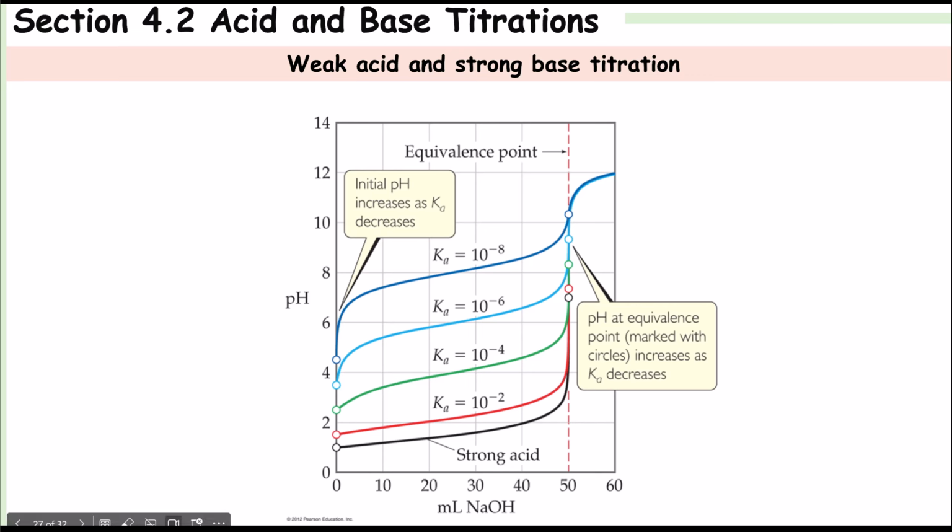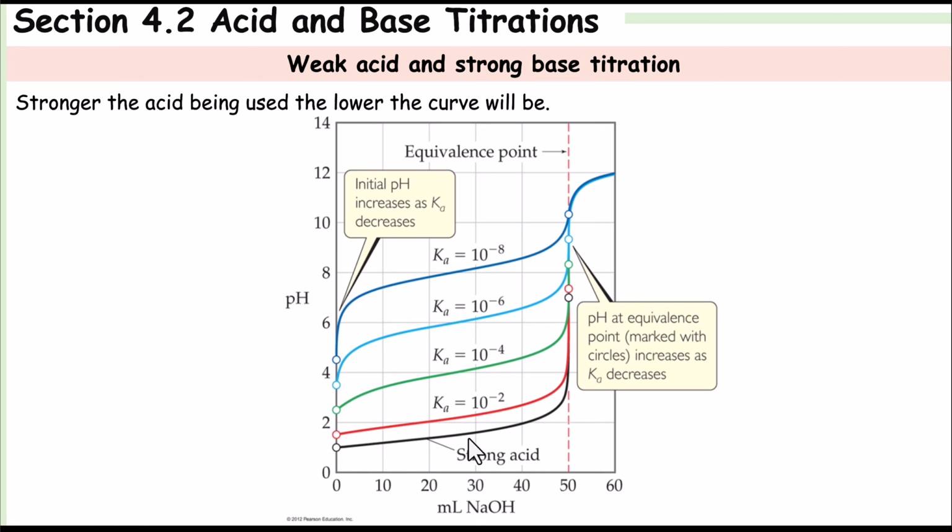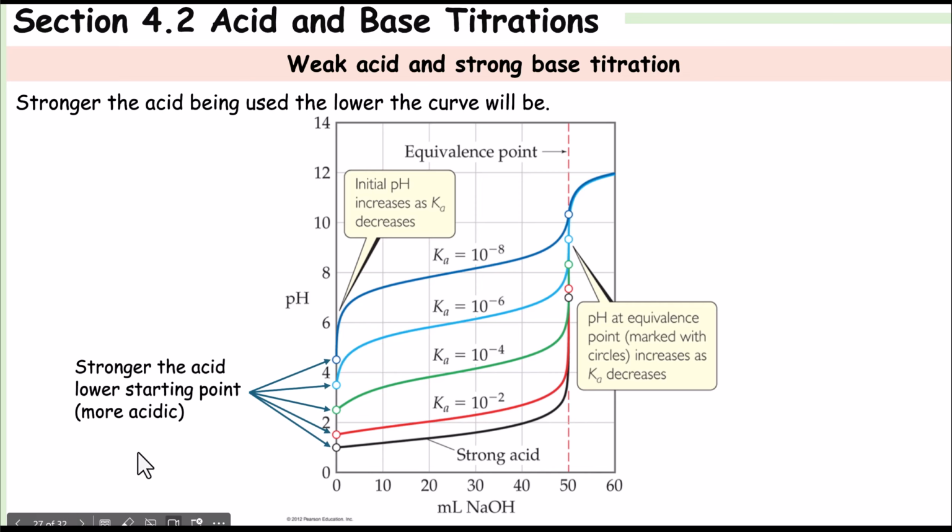So the very first point is that the stronger the acid being used, the lower the curve will be. Right? It's lower, the strong acid. Not only that, the starting value of the pH is quite low. So the stronger the acid, the lower the starting point. And that makes sense because it's more acidic. The starting point is very acidic.